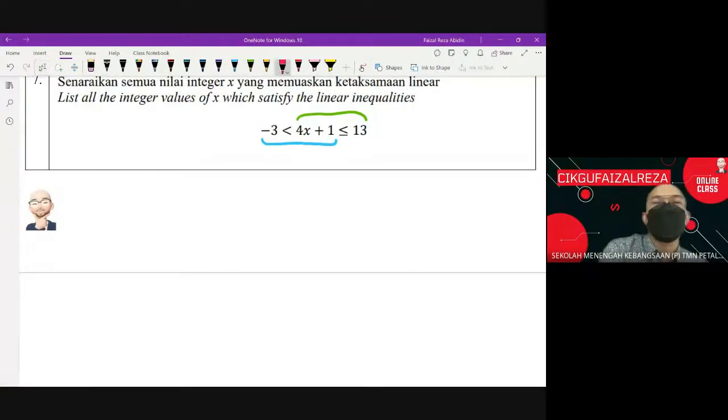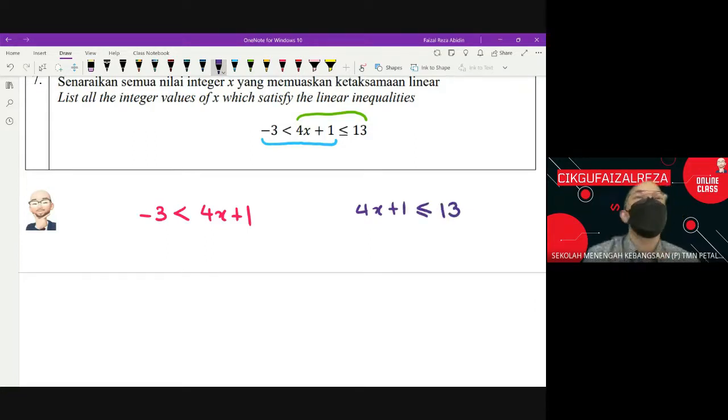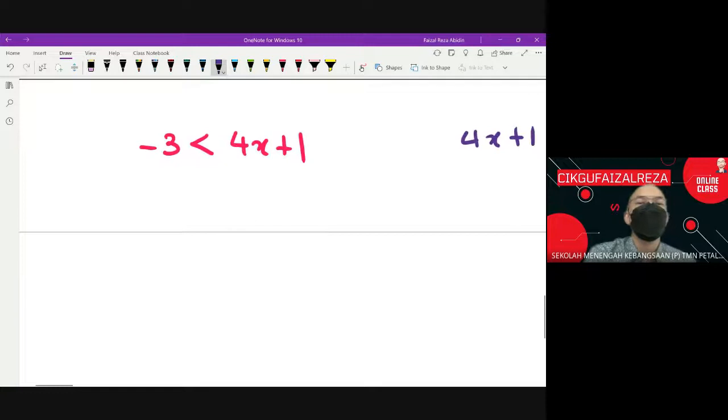First one I have over here is -3 less than 4x plus 1. The second one I have over there is 4x plus 1 less than or equal to 13. Can you understand that one first? I separate. Okay. After that, I'm going to do one by one.